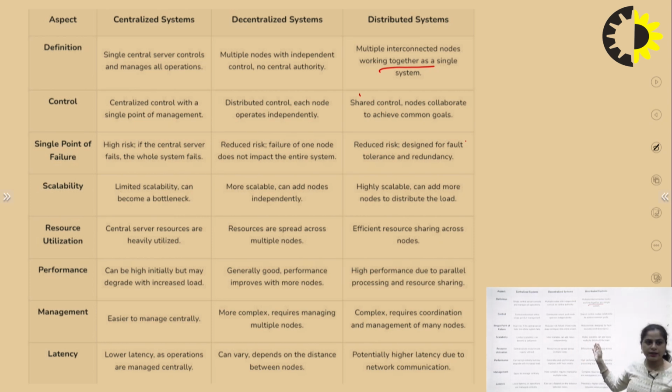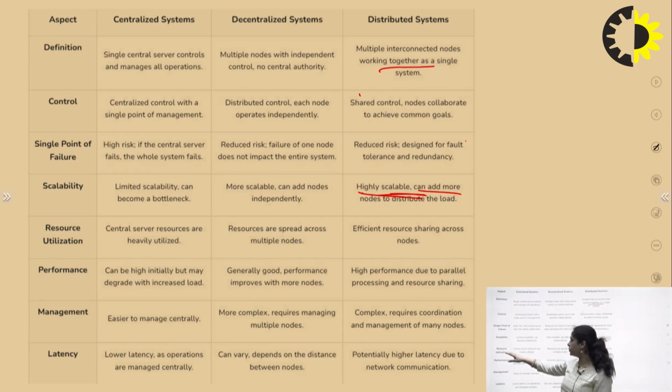It is highly scalable, and more nodes can be added to distribute the load. If more nodes are available, then the load is distributed to the other nodes.